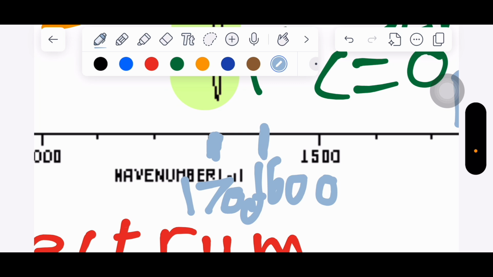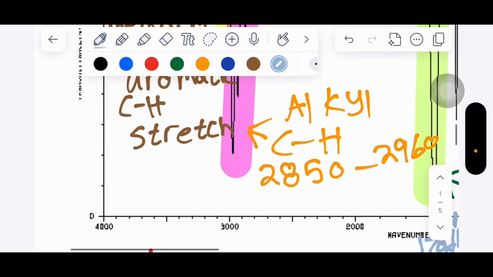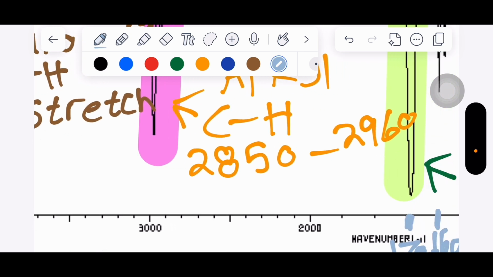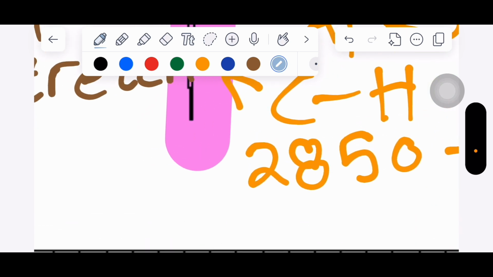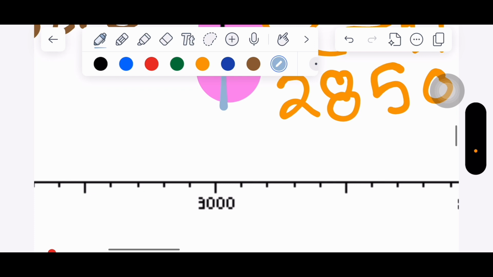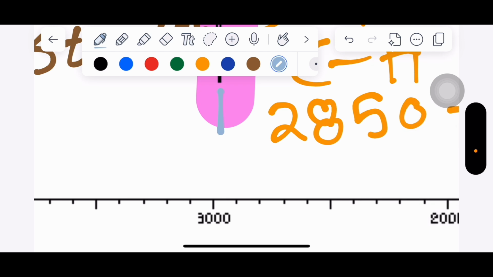Next, we need to focus on the CH stretches, which is around 2850 and 2960. The pink one, as we see right here, is right there next to the 3000, but right before it. So like I said, it's between 2850 and 2960.